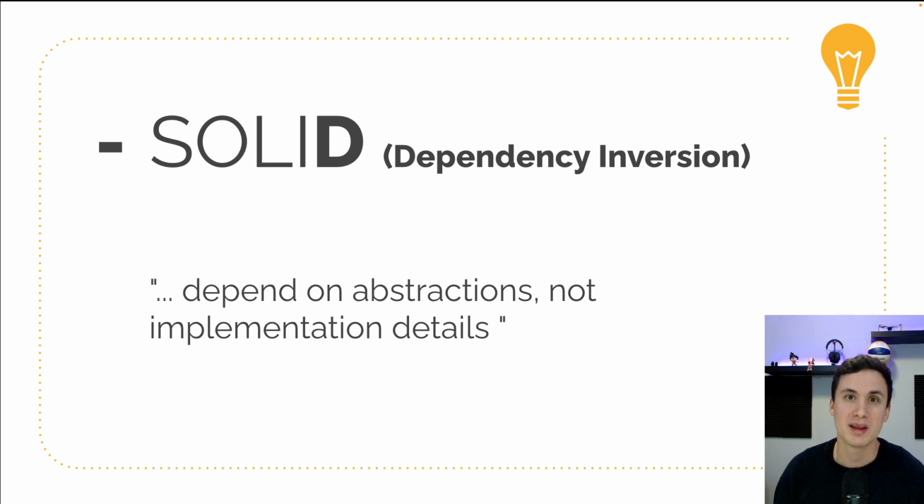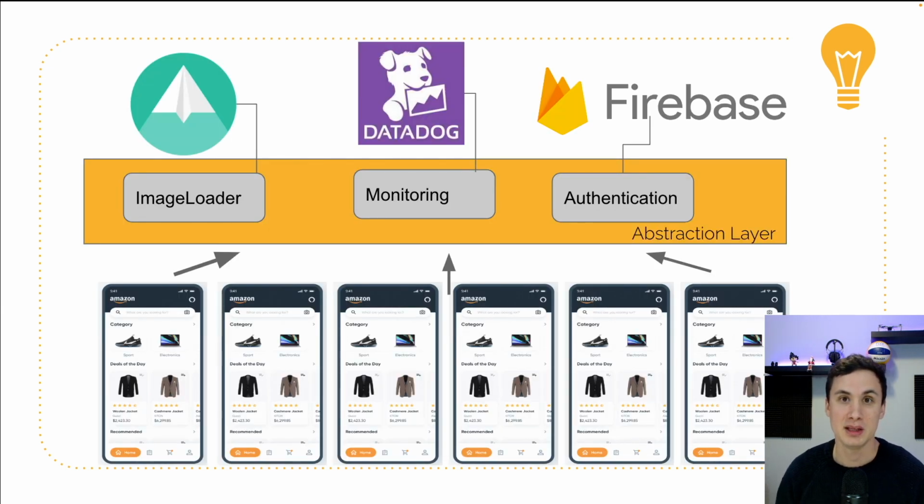But what does that actually mean? It means that you should have an abstraction layer, usually an interface, or a protocol if you're doing iOS development, on top of those libraries. So instead of communicating directly with those dependencies, you're using this abstraction layer, and then the implementation details of this abstraction layer are going to communicate with your dependencies.